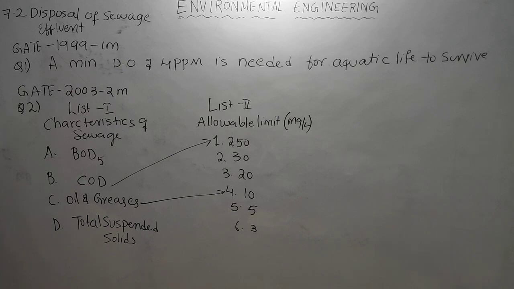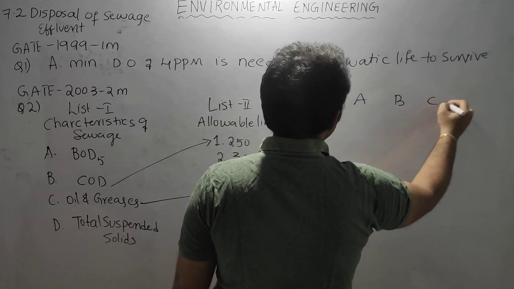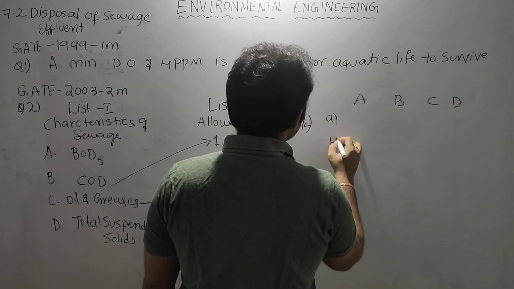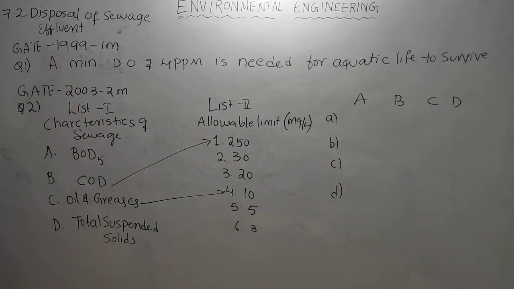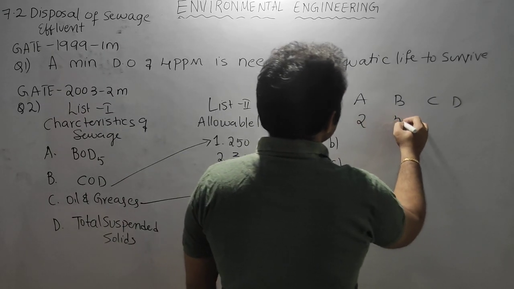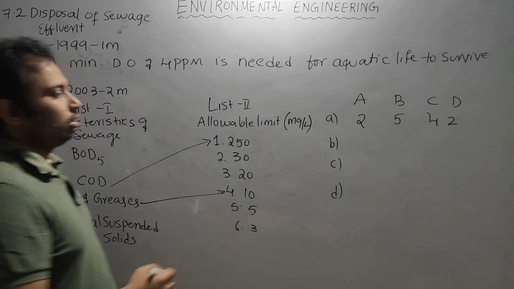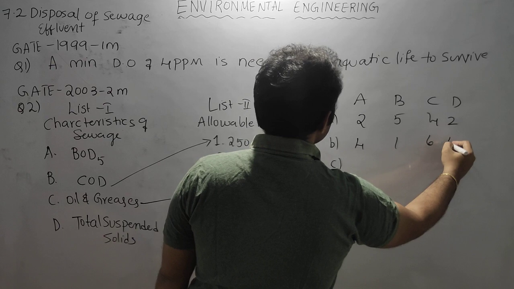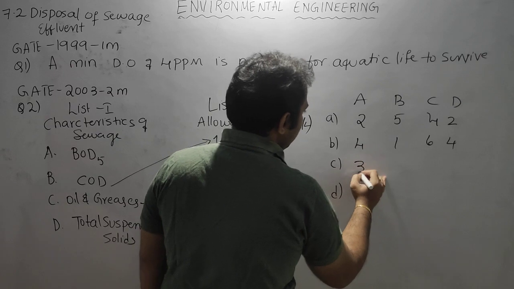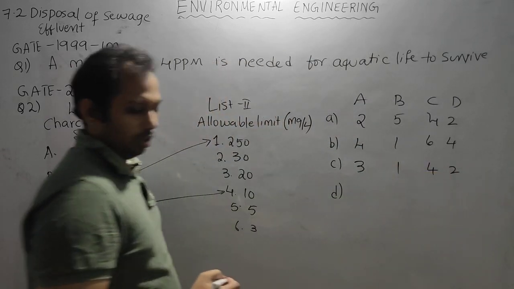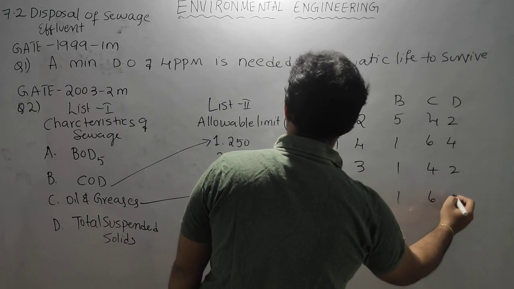The options are like this: A, B, C, D. The options are 2542, 4164, 3142, and 2163.